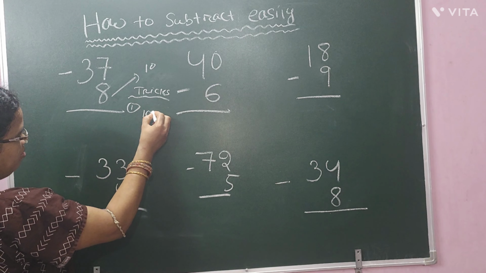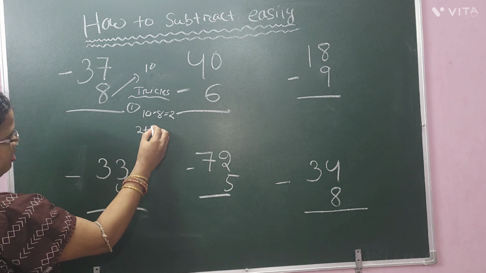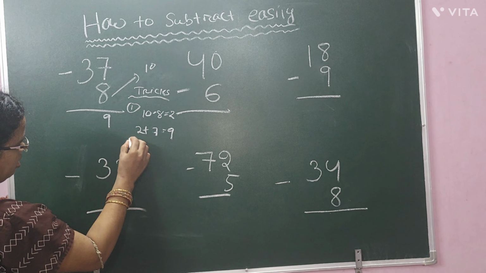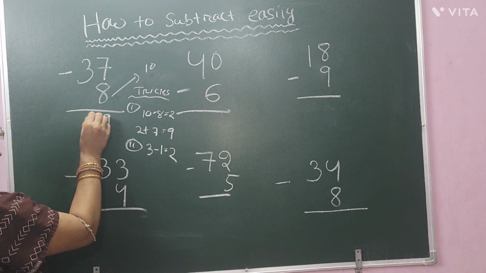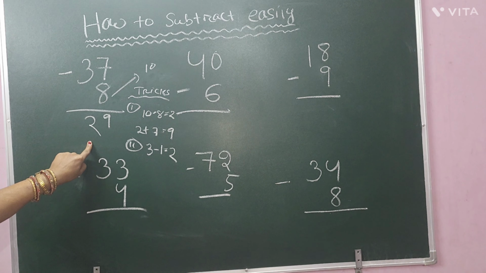First, 10 minus 8 is equal to 2. 2 plus 7 is equal to 9. Write 9. Then second, 3 minus 1 is equal to 2. 37 minus 8 is equal to 29.